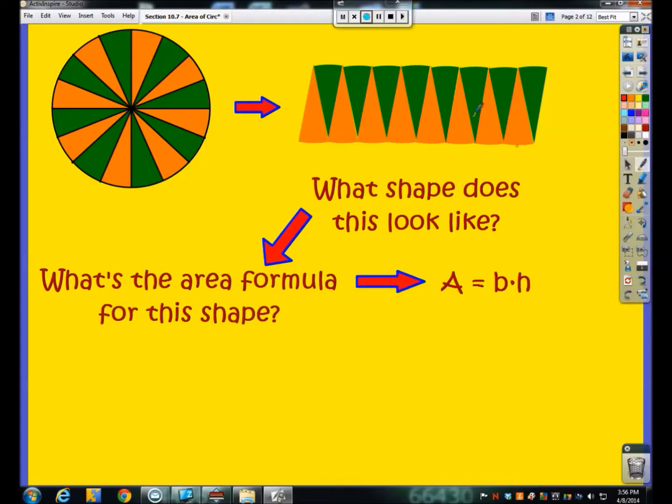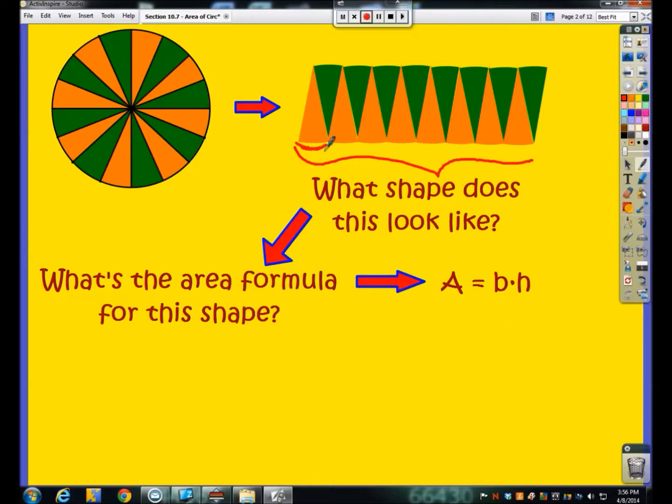Now what we need to do is talk about the area, because really we took this whole circle, we split it up, and we made it look like a parallelogram. So the area of this parallelogram is the same thing as the circle. So what we're going to do is figure out the base of our parallelogram. What is that in terms of the circle?